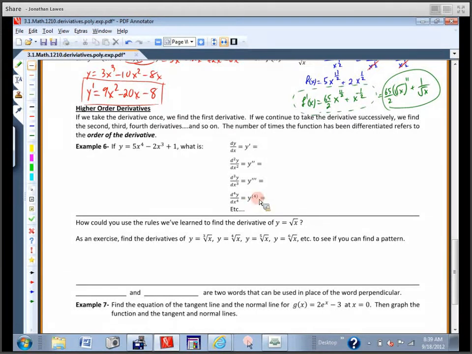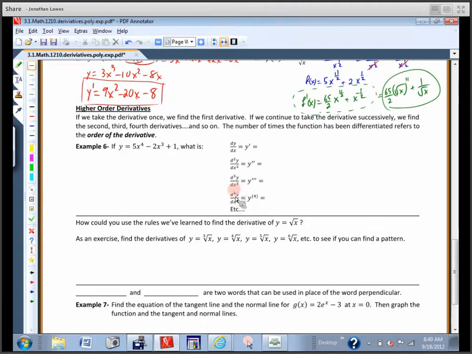So these are called different orders of derivatives. This is the first derivative, second, third, and at this point we say y prime, y double prime, y triple prime. This is the fourth order derivative, then it would be fifth order, sixth order, and so forth. We stop writing primes and we write in parentheses what order derivative it is.